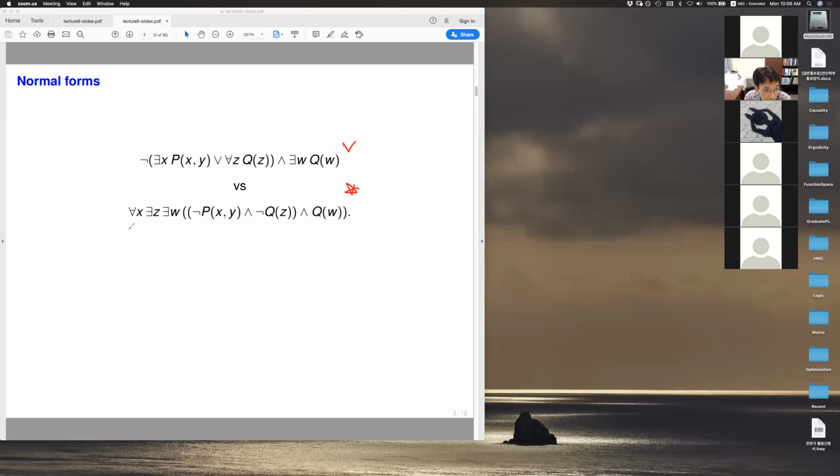I think they even have some name for this. We are not going to look at this in detail, but once you convert the formula into this form where all the quantifiers are taken out, and the rest of the formula is a quantifier-free formula, then we can start to talk about the complexity of the formula by looking at the alternation of universal and existential quantifiers. If everything is universal, it's in some sense not very hard.